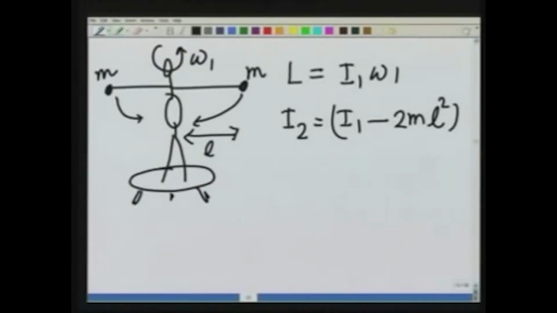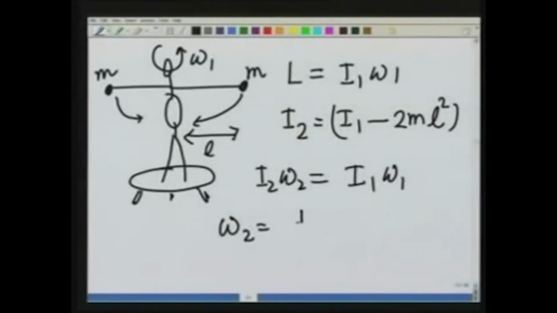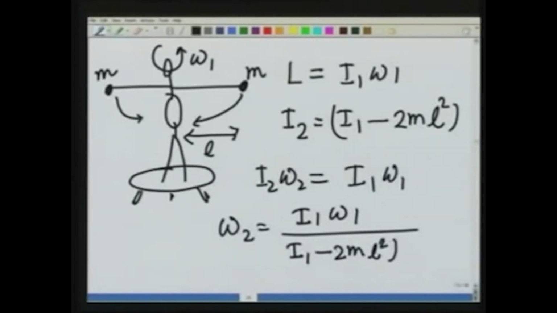So I2 omega 2 should be such that the angular momentum remains unchanged. After all, when I am moving my arms in or out, the other forces that are being applied by my joints are internal to the system, and therefore omega 2 becomes I1 omega 1 over I1 minus 2 m L square.